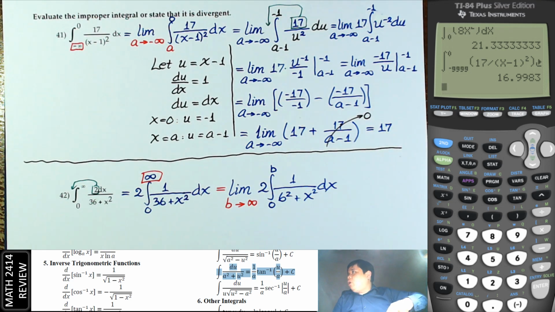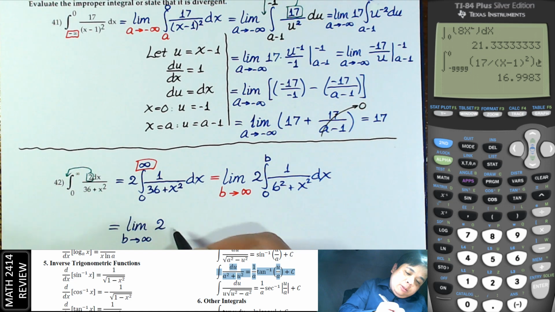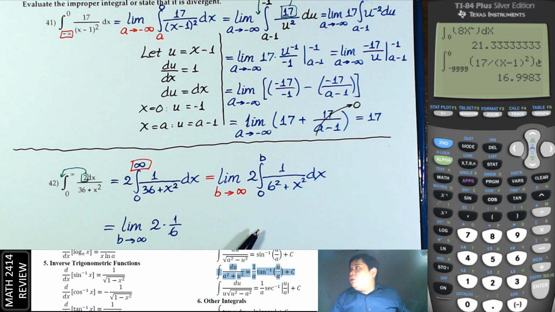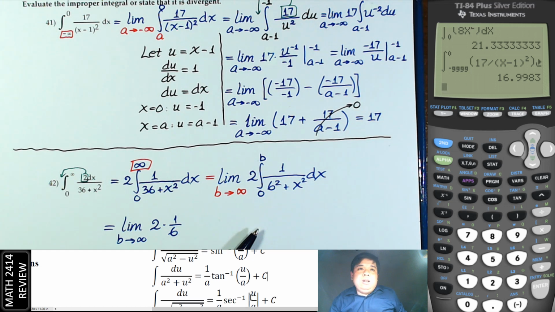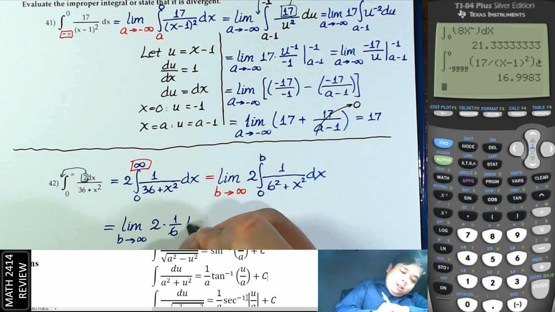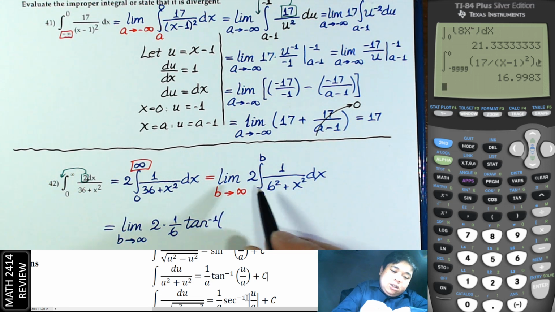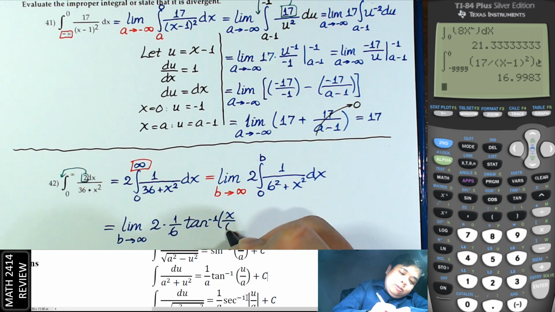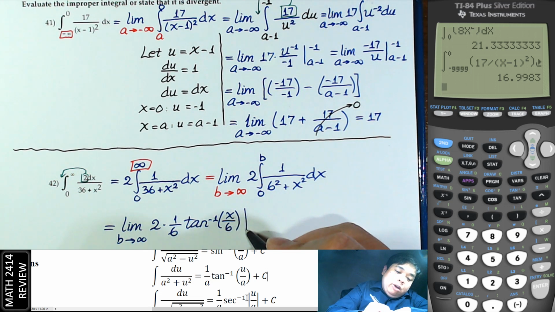Right, so that is 1 over a, which is 1 over 6. Let me zoom in a little bit. Tangent inverse of u over a, x over 6. Plus c, but we'll evaluate from 0 to b.